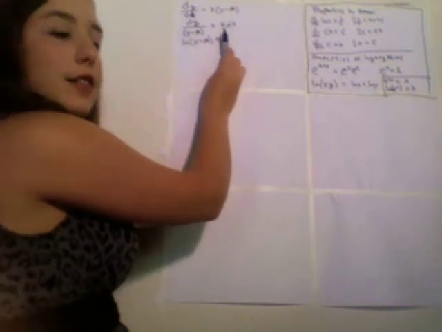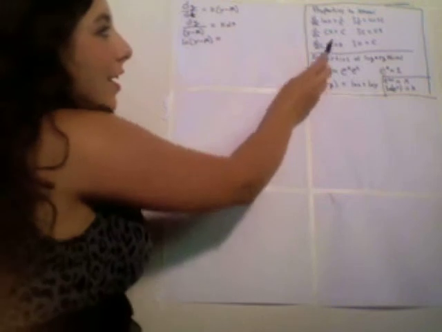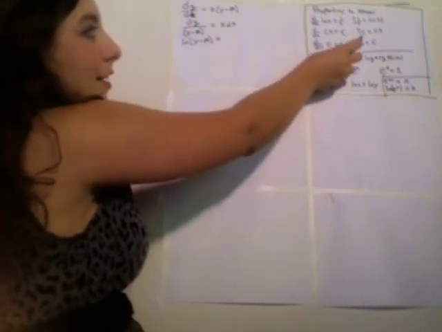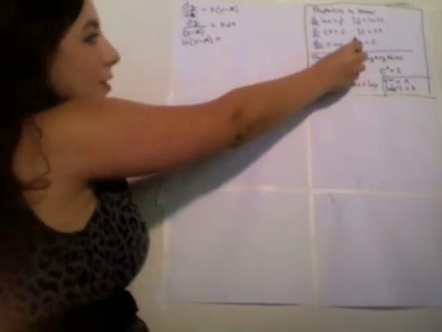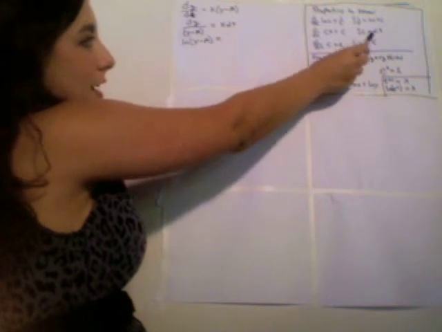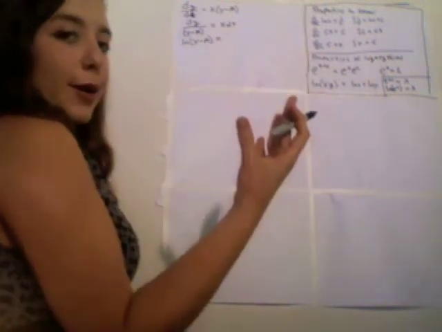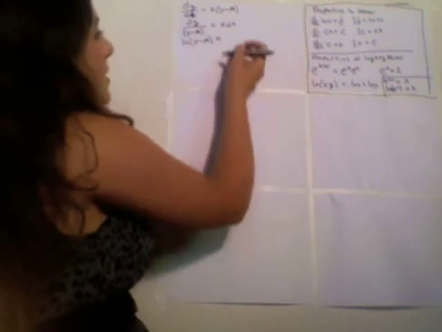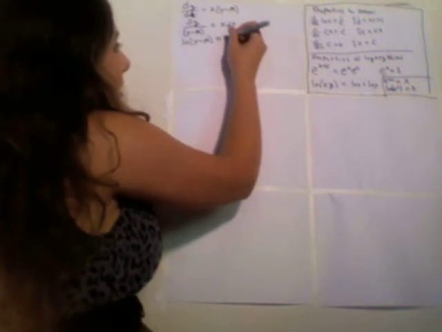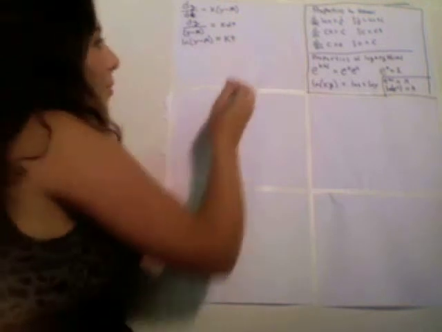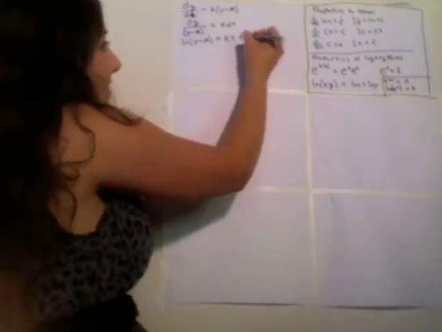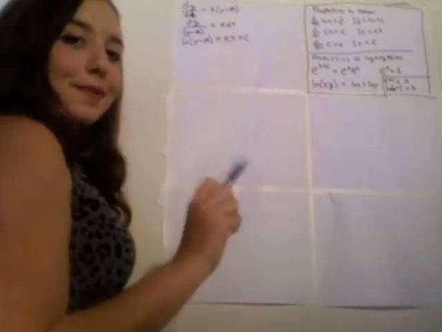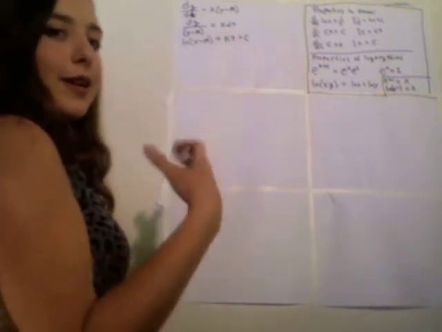K is a constant, so the integral of a constant is a constant times the independent variable, which in this case is t, so we have kt. Now, plus c. That's the constant for both of these. We don't need two constants. They can be the same constant.